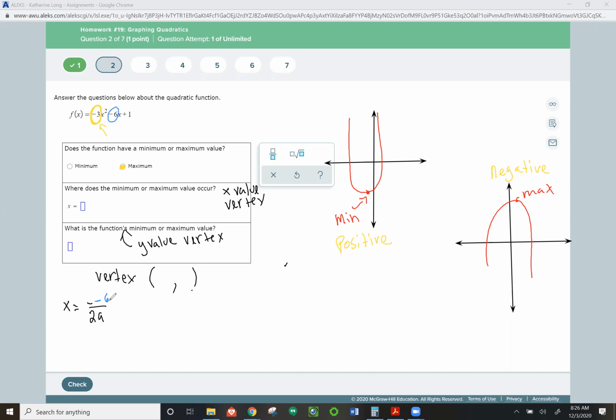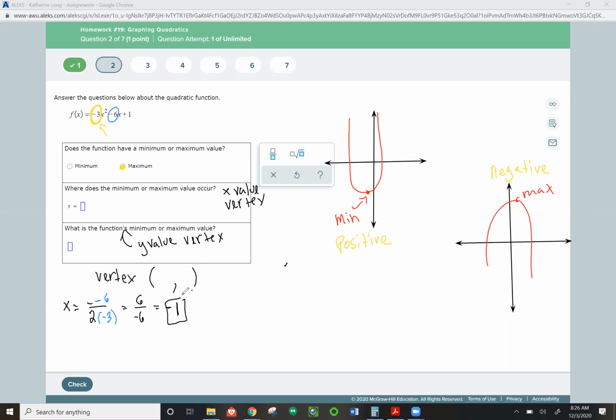So be careful, when your b is negative, you're going to end up with two negatives right there. And then the a is -3. Okay, so let's simplify this. -6 is a +6. 2 times -3 is a -6. A positive divided by a negative is a negative. 6 divided by 6 is -1.